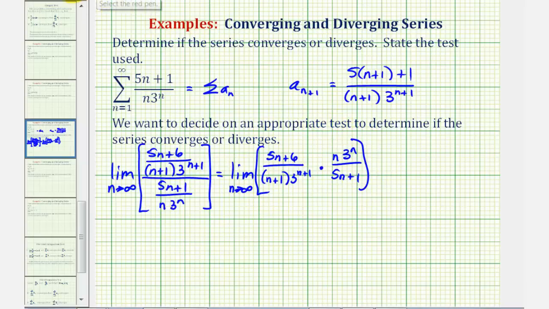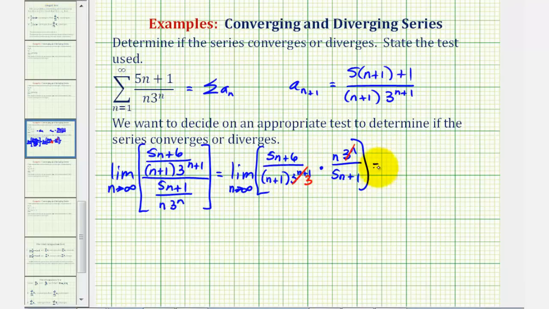Now this is going to simplify, but if we look at 3 to the n power and 3 to the power of n plus 1, 3 to the power of n plus 1 has one more factor of 3 than 3 to the n. So this simplifies to 1, and this simplifies to 1 factor of 3.